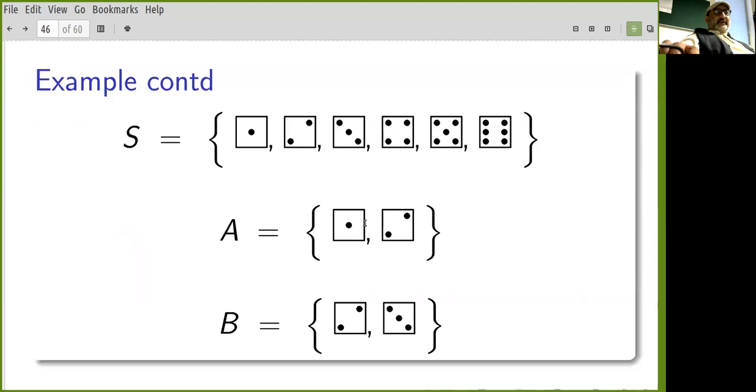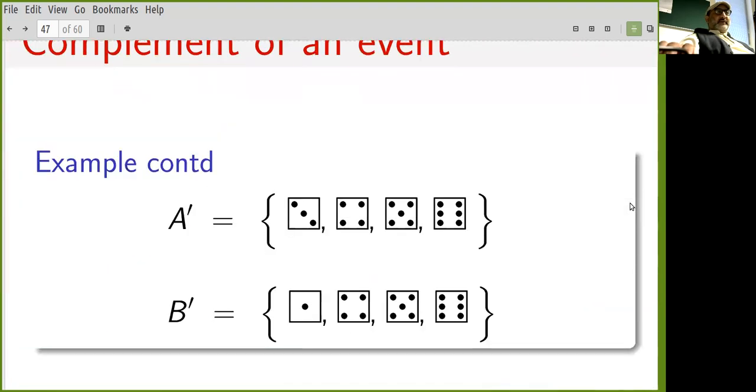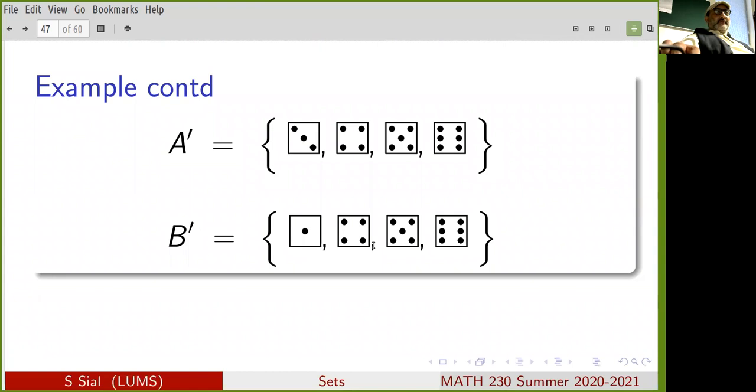Everything which is in S, which is not in A. B complement is everything which is in S, which is not in B. So the outcomes which were not in A are rolling a 3, a 4, a 5, or a 6. The outcomes which are not in B, that is B complement, are rolling a 1, a 4, a 5, or a 6.